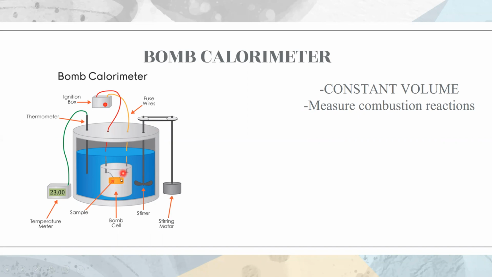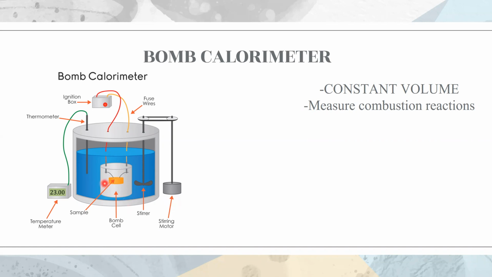We'll burn the sample that we have inside of the bomb cell. We'll also have to have a thermometer, some wires, and a stirrer to mix the water so that the heat can be dispersed.